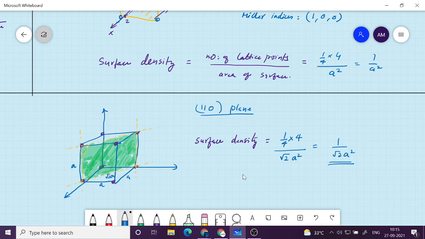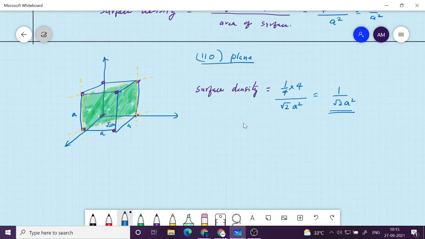Right now it is basically a simple cube, but if I convert this into a body-centered cube, I need to bring in an additional atom at the center of the body, and that will be entirely inside this particular surface.